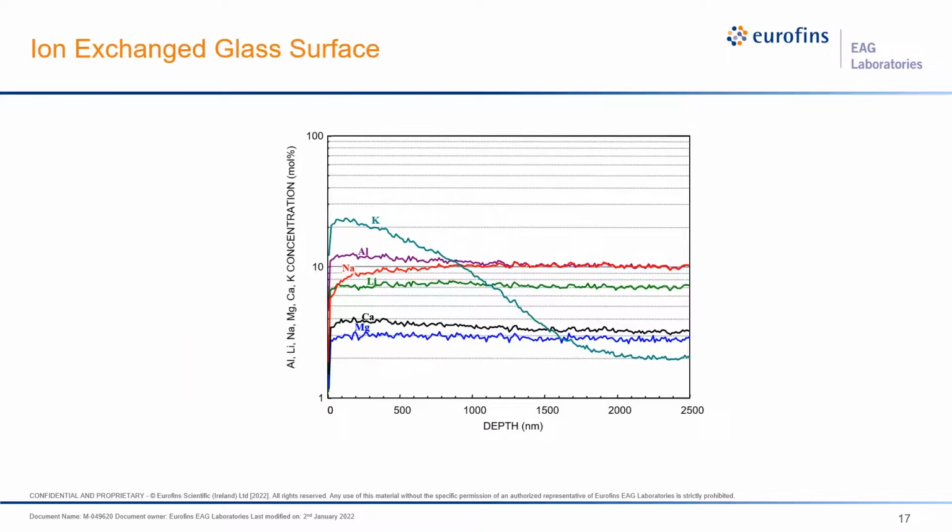So the first example is an ion exchange glass surface, where you basically expose the glass surface to a solution where you get the potassium to diffuse in and the sodium leaching out. And this is commonly done to strengthen the surfaces of the glasses.